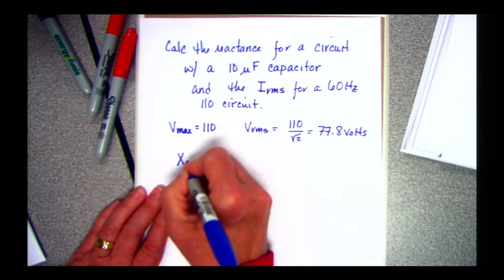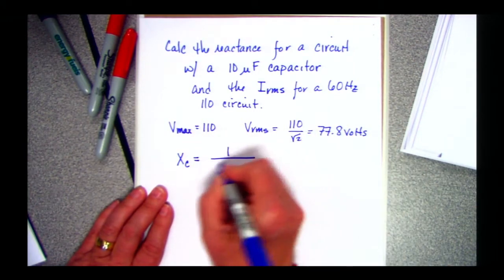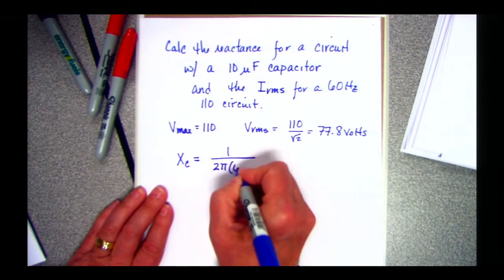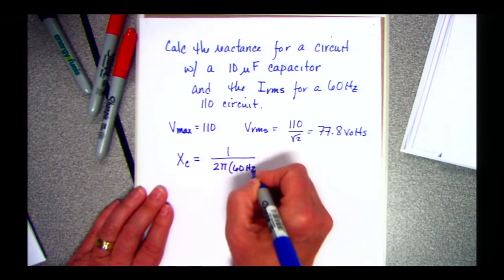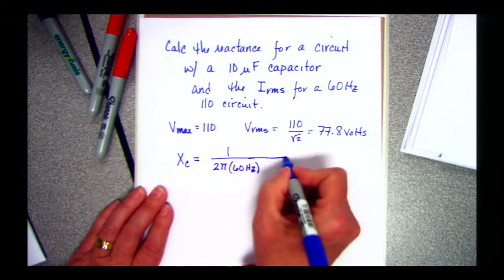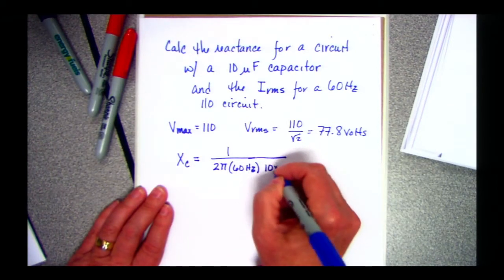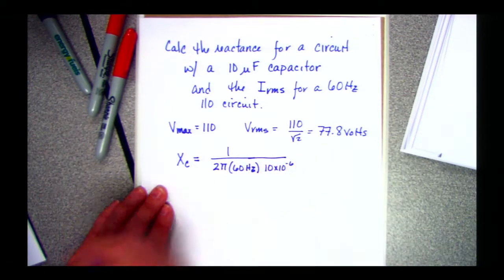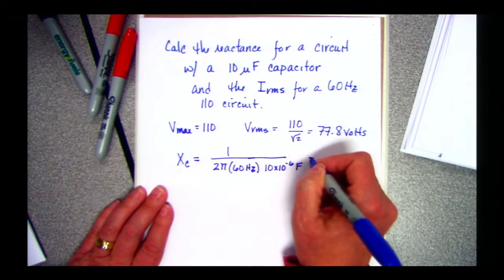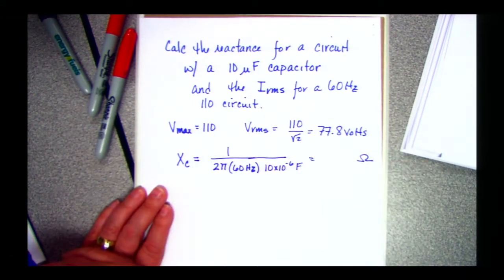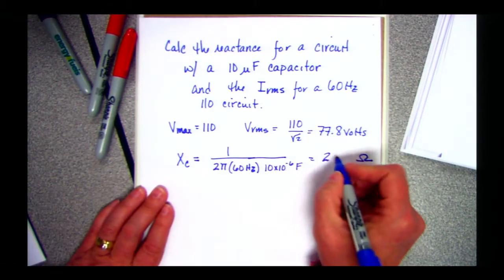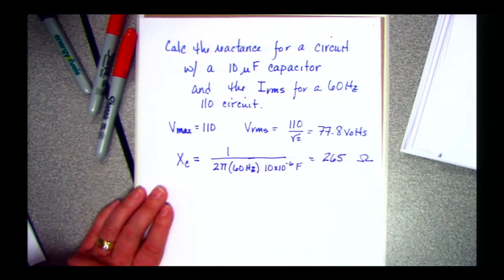We want to calculate the reactance, and that's going to be 1 over 2 pi, my frequency, which is 60 hertz, and 10 times 10 to the minus 6, because I've got microfarads, and my units end up in ohms. I know that seems a little weird, but that's what happens. And then I get 265 ohms if I plug that into the calculator.